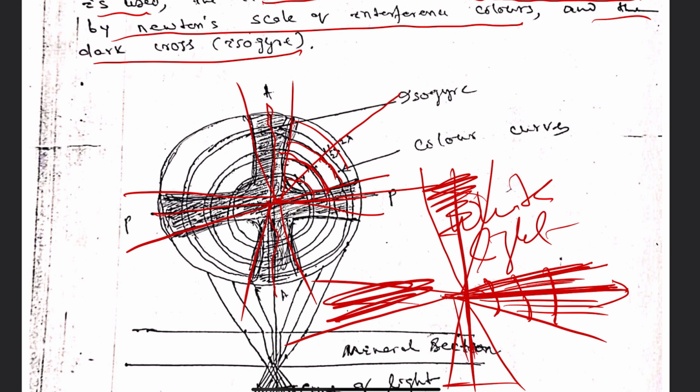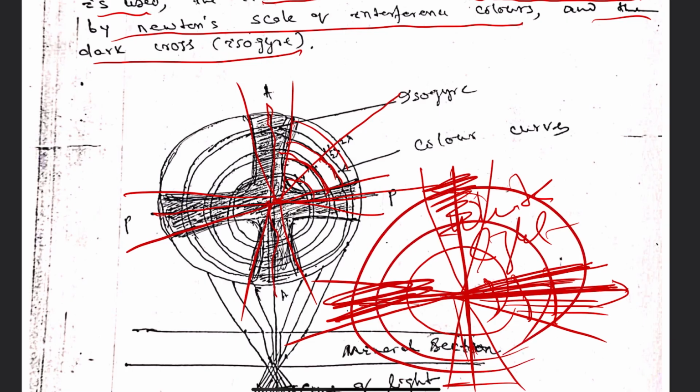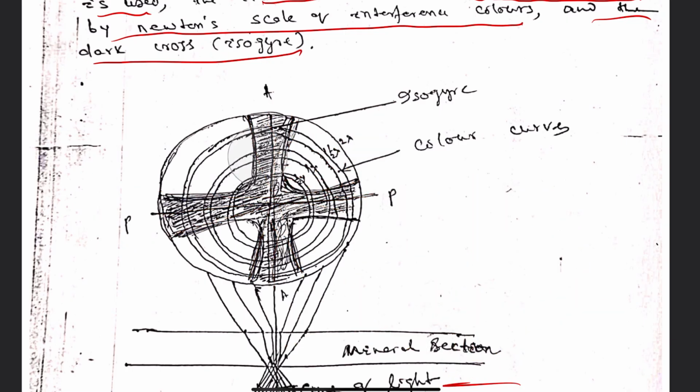So we have the dark cross, we have the colored rings that have been shown here. These are the color rings. First ring will be for half lambda, then 1 lambda, then 1.5 lambda, 2 lambda, like this.